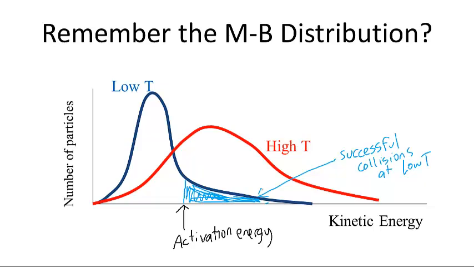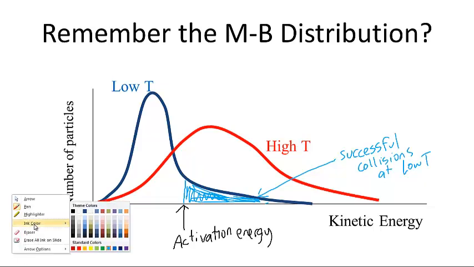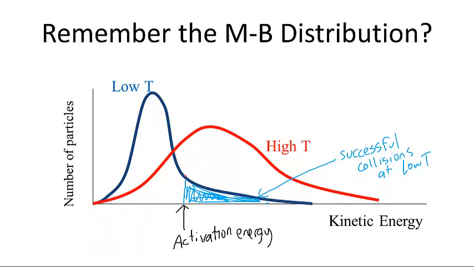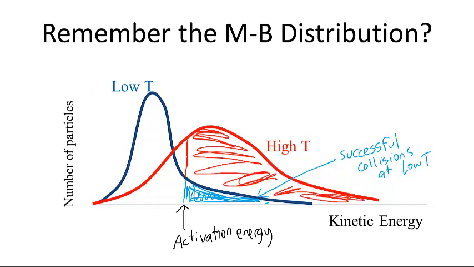Whereas for that same reaction at high temperature, keeping the activation energy in the same spot, what happens to my success rate at high temperature? Increases dramatically, because now it's all these particles over here that are going to be successful at high temperature.